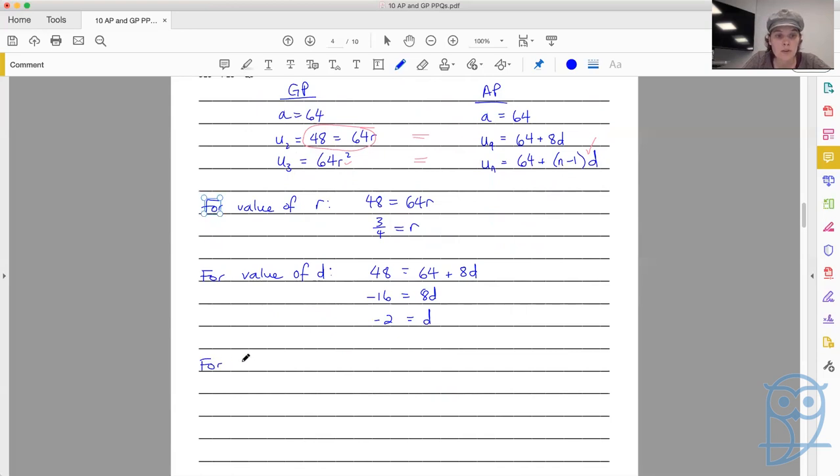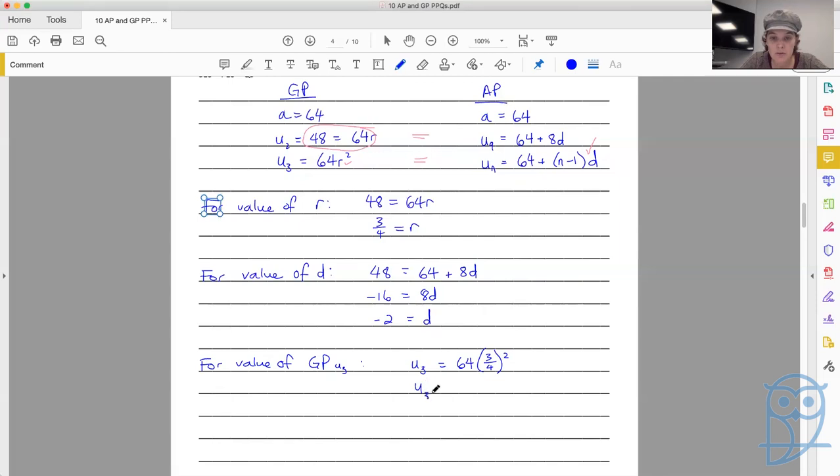So for the value of the GP third term, U3, we know that U3 equals 64 times (3/4) squared. And remember, put that fraction in brackets, otherwise the exponent doesn't apply to the top and the bottom. Brackets, brackets, brackets.